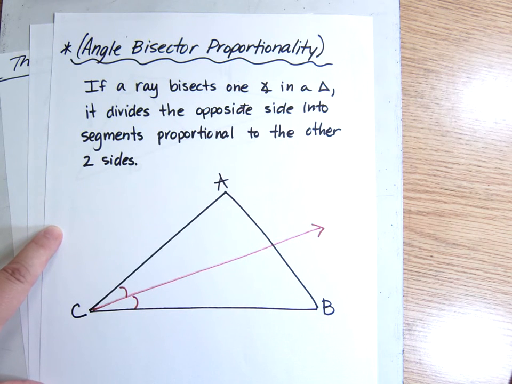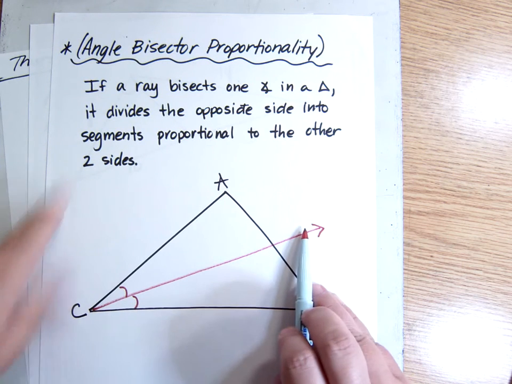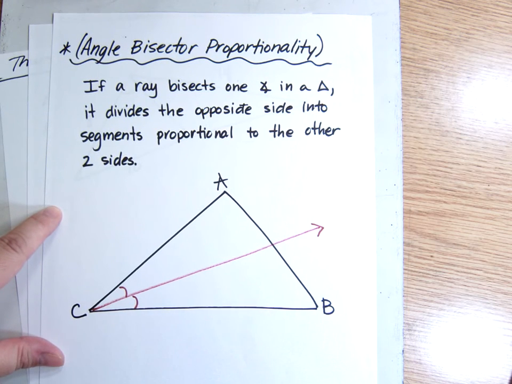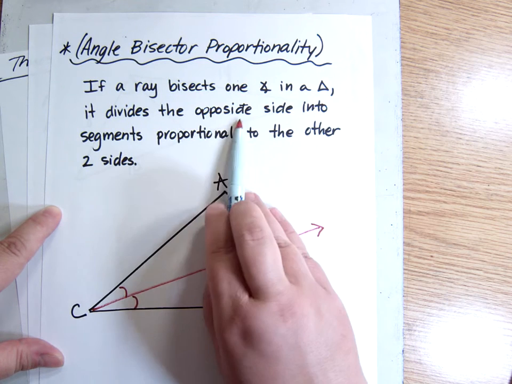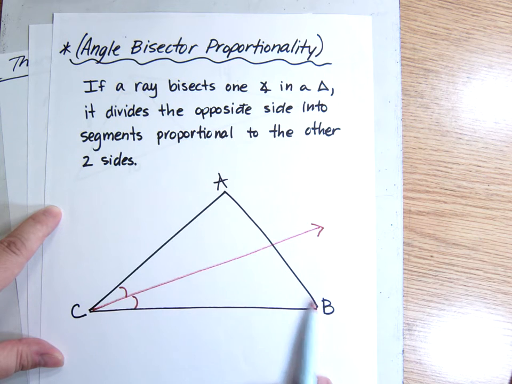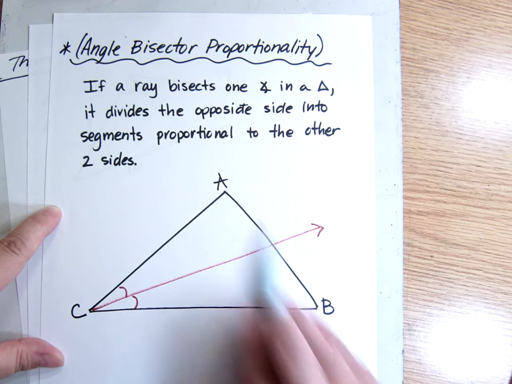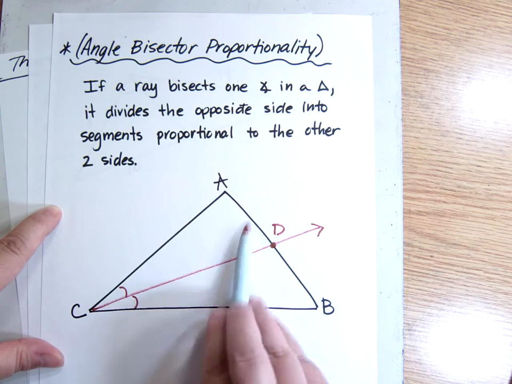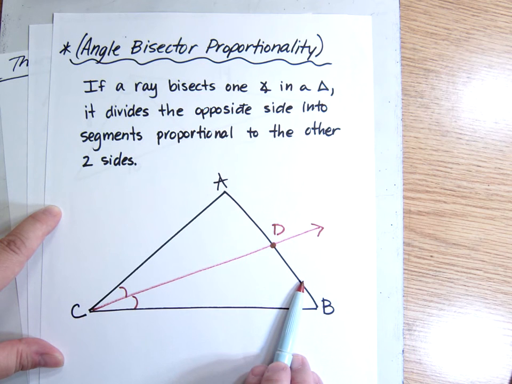So this is a ray that bisects angle C. That ray divides the opposite side, which would be AB. This is the side across from angle C, so it's the opposite side. It divides this side, let's call this point D, into segments AD and DB, proportional to the other two sides.